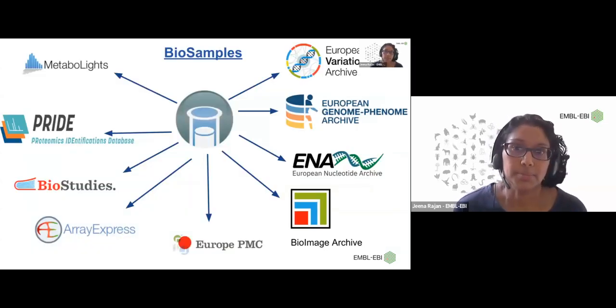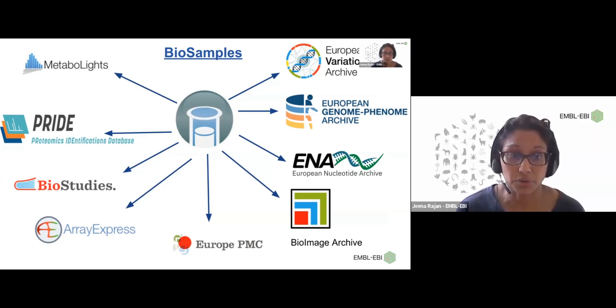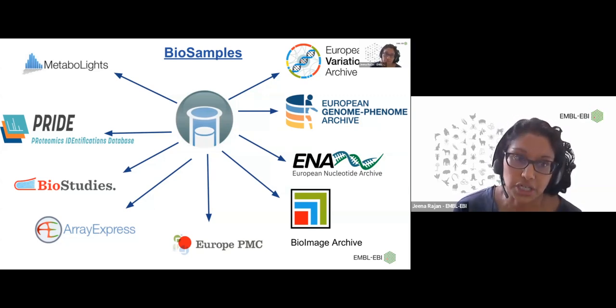So looking at BioSamples, I mentioned it connects to many other EBI resources. It connects to MetaboLights for metabolomics data, PRIDE for proteomics data, ArrayExpress for functional genomics data, Europe PMC for publication data, BioImage Archive for image data, European Nucleotide Archive for non-human genomic data, European Genome-phenome Archive for human genomic data, and European Variation Archive for variation data.